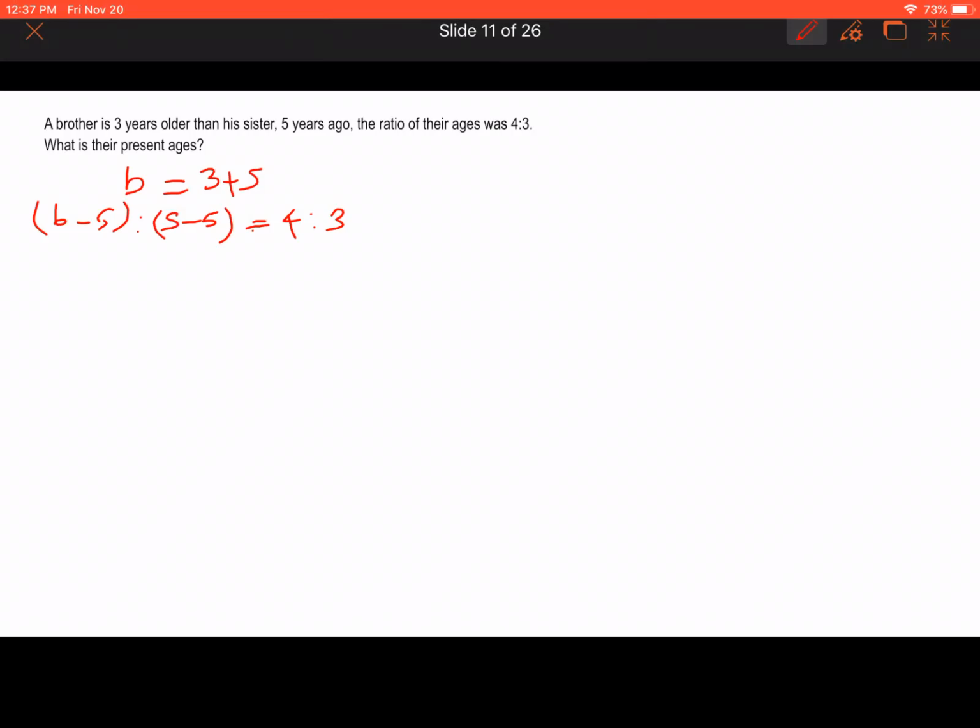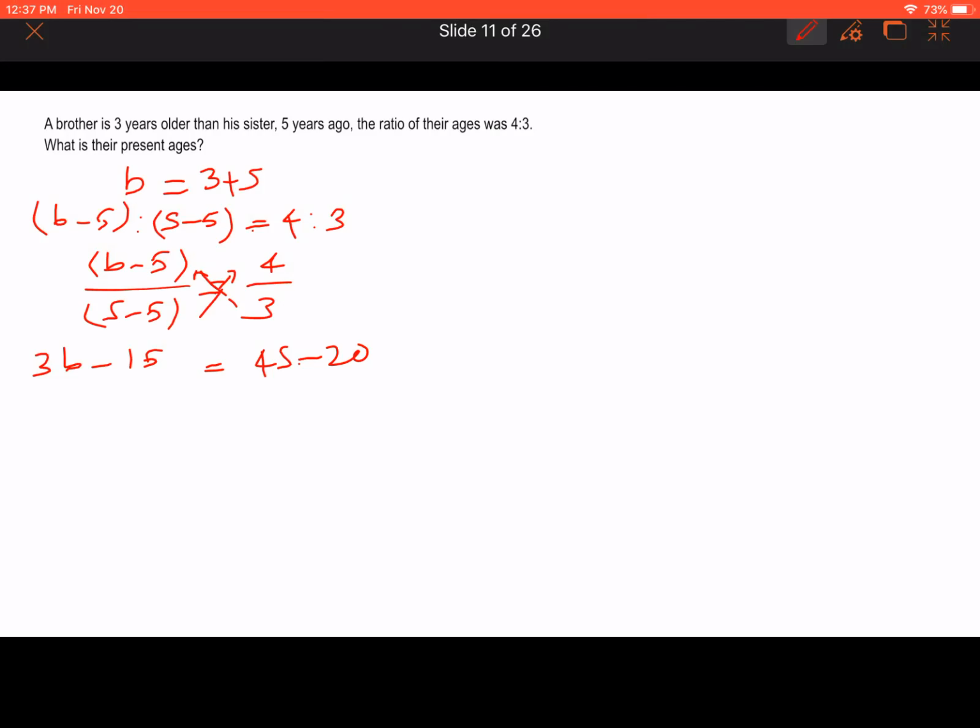So now we can solve this equation by a method like our previous methodology, that is, we have to change them into this format. 3b minus 15, that is, I'm just cross multiplying it, okay, which is equal to 4s minus 20.